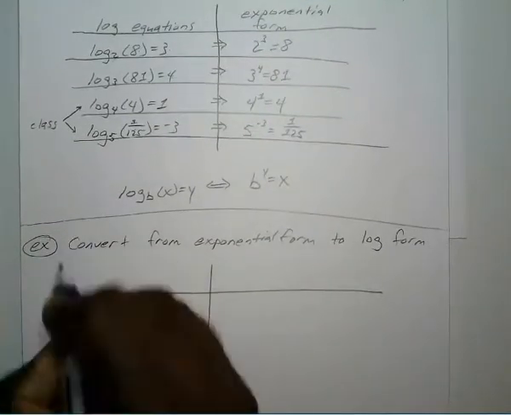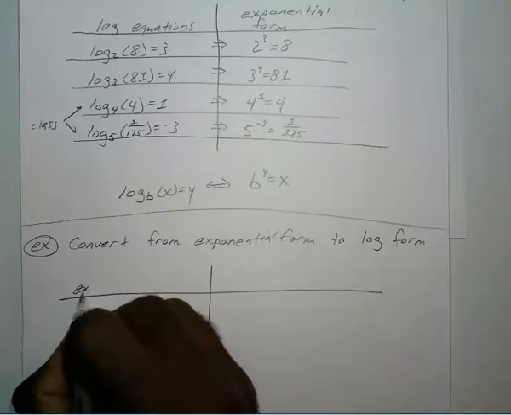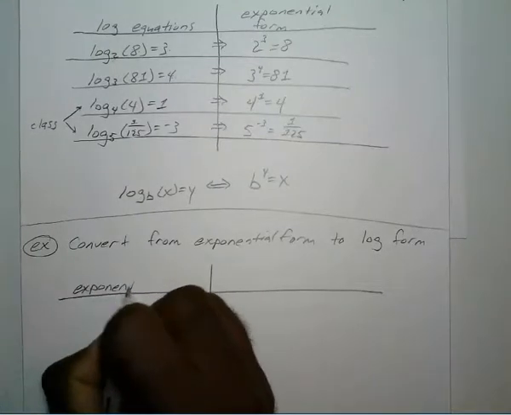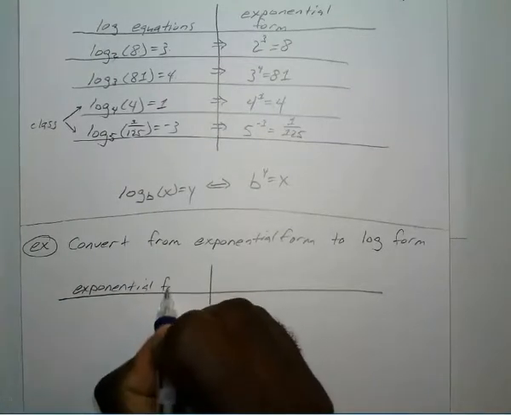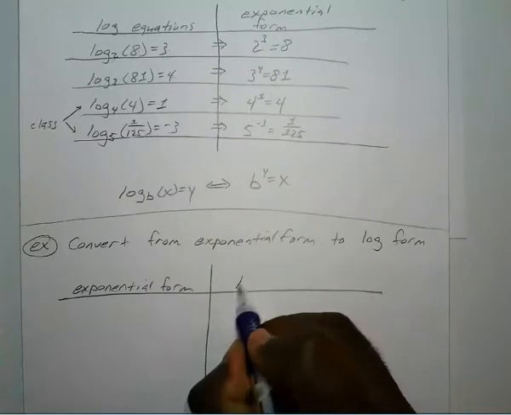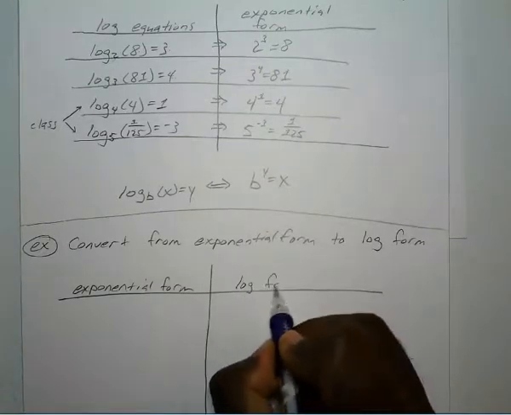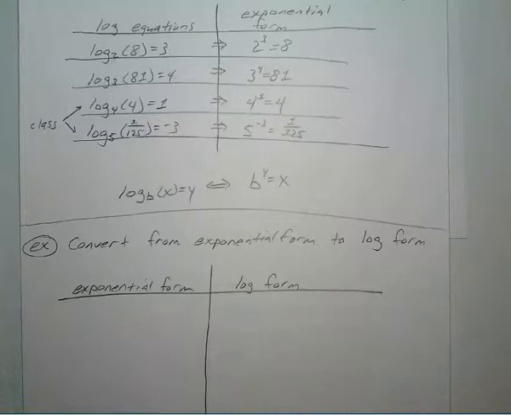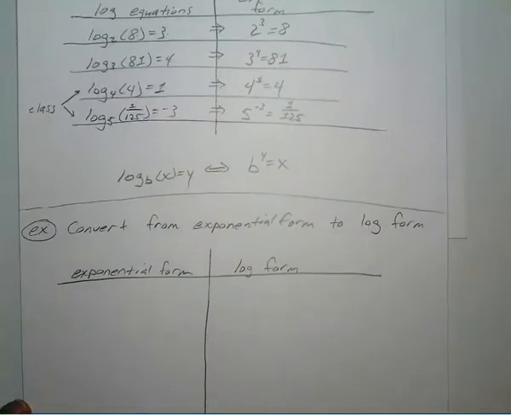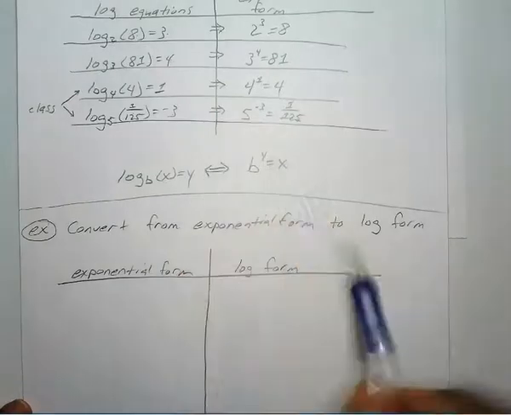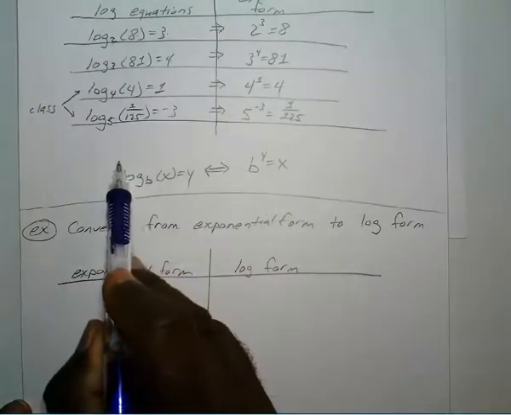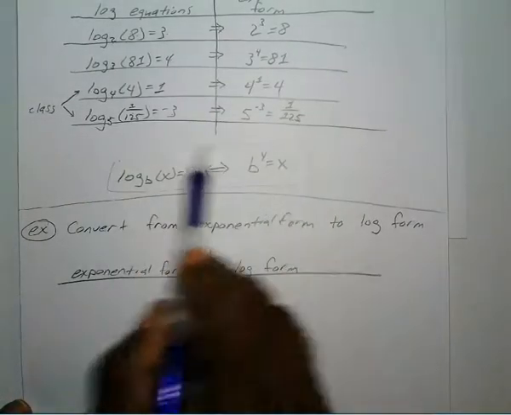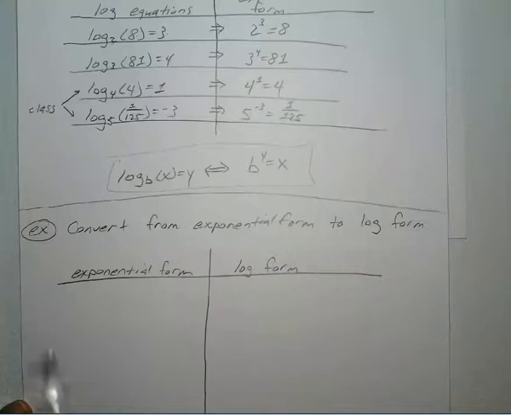Okay, so if this is our exponential form, we're going to convert each one of those to logarithmic form. Okay. Now we're going to use the exact same rule here. We're just going to flip it around.